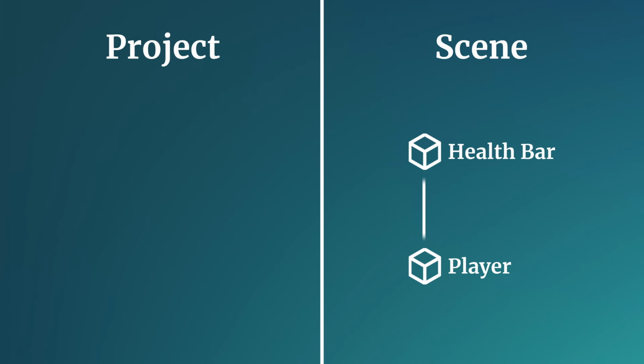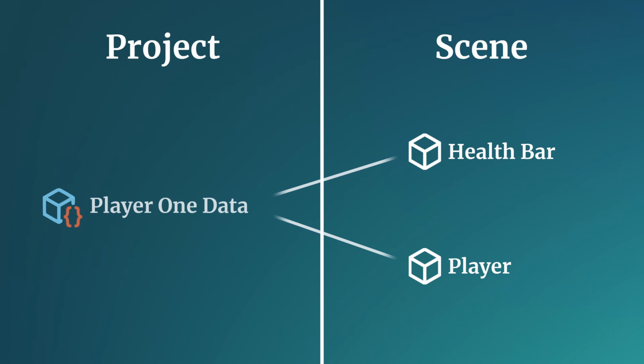Alternatively, you could connect both the UI and the player to one scriptable object that contains information about that player specifically. This works because the scriptable object exists as an asset, meaning its existence is guaranteed. It's there before the scene is loaded, and it will be there after it's closed. As a result, the scriptable object becomes a layer of abstraction between the multiple scripts that read and write the same information, meaning that they don't need to communicate with each other directly.